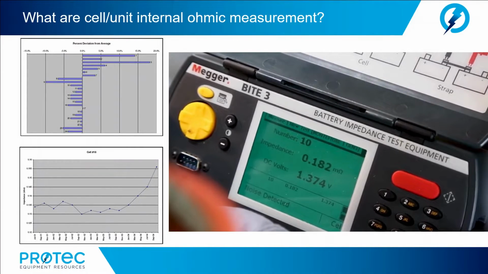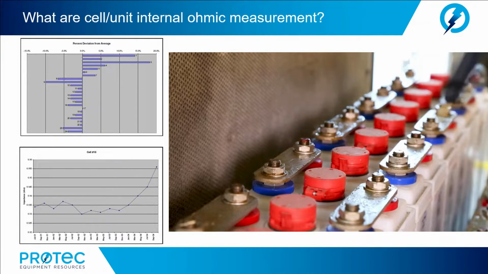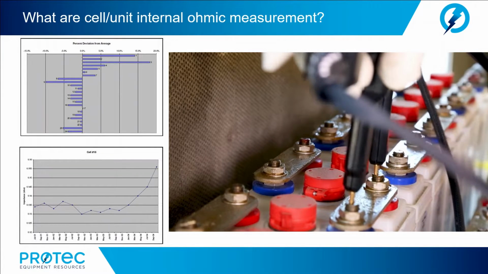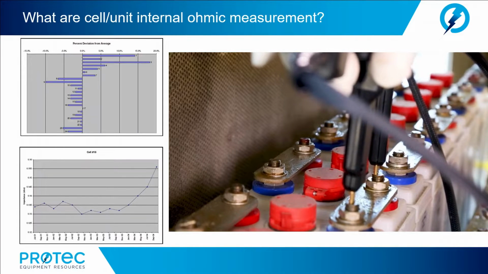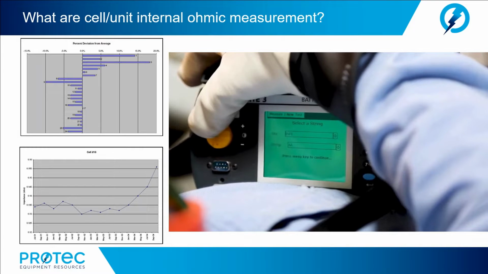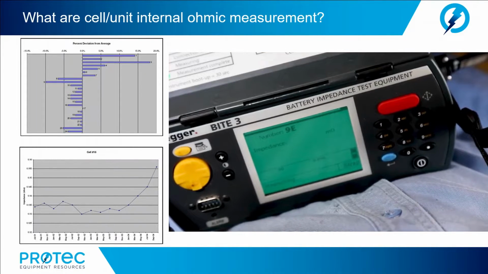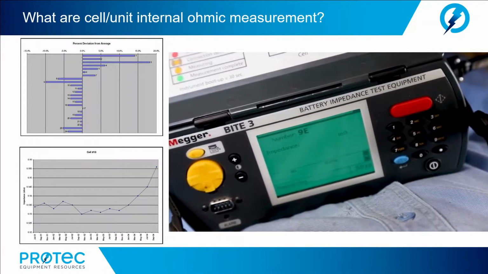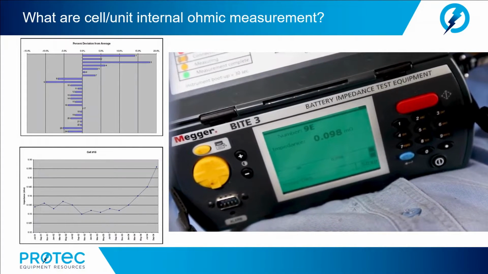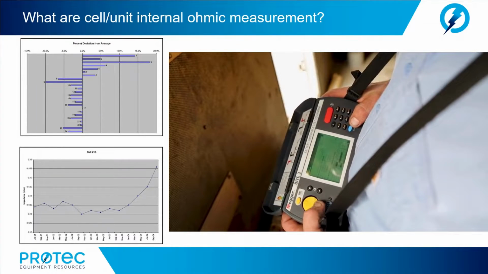By evaluation of the trending of ohmic measurements over time, the owners could track the performance of the individual components of the station battery and determine if a total station battery or components of it require capacity testing, removal, replacement, or in many instances, replacement of the entire station battery.